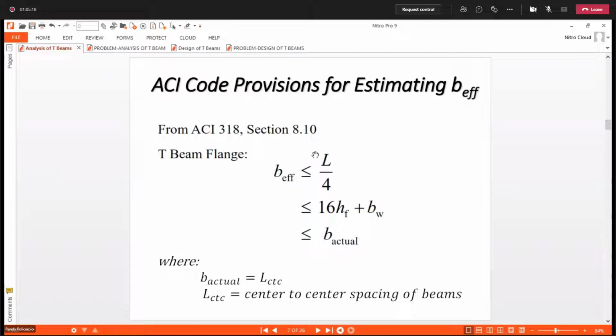Ang hindi lang klaro kasi ngayon ito, kasi ang designation dito nung iba, ito yung center to center spacing. Ito yung center to center measurement ng span ng beam.